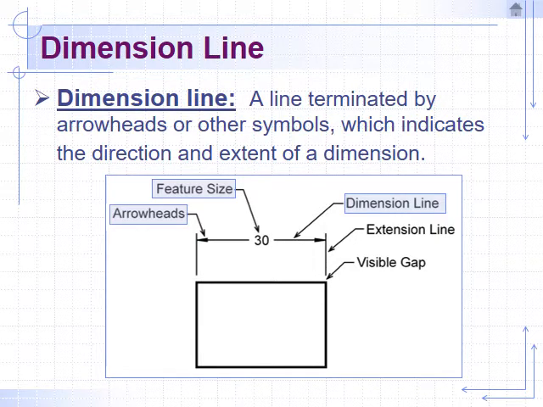We saw a lot of really nitty-gritty details related to center marks when we were looking at center marks and gaps and no gaps and extensions. And we get back into it again with dimensions.